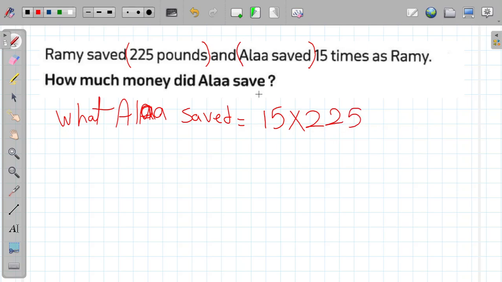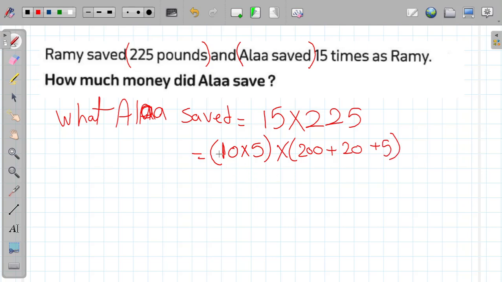In the previous example we used the area model, so here I will use the distributive property. So I will say the first number is 10 plus 5, and the second number I have is 225, which is 200 plus 20 plus 5.